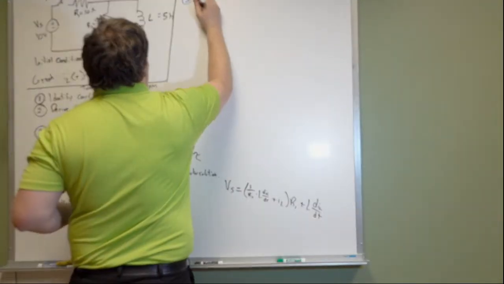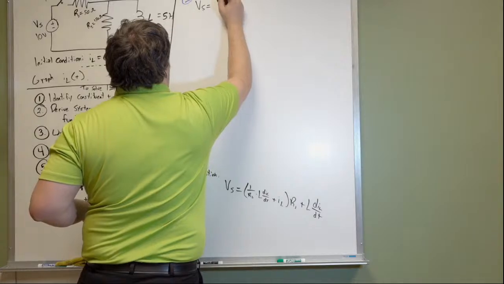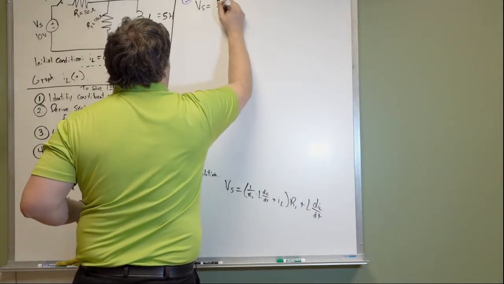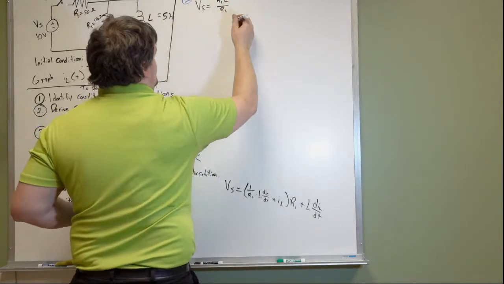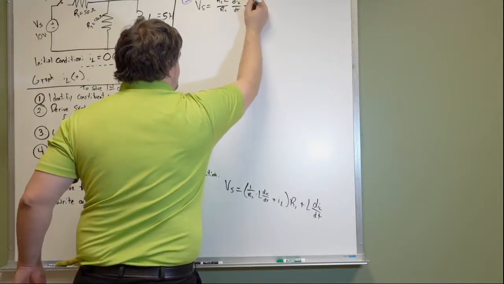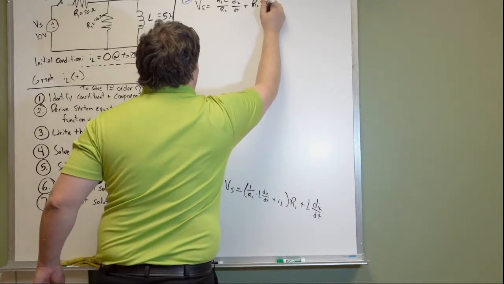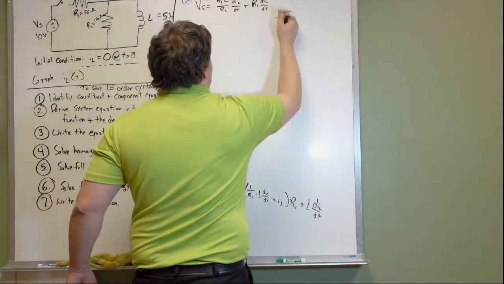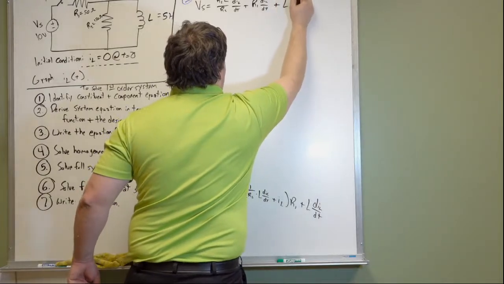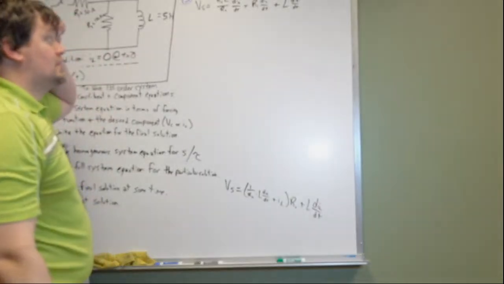And that is Vs is equal to, distribute the R1, so this one becomes R1L over R2 times dIL/dt plus R1 dIL/dt plus L dIL/dt. Okay, that's kind of gross.